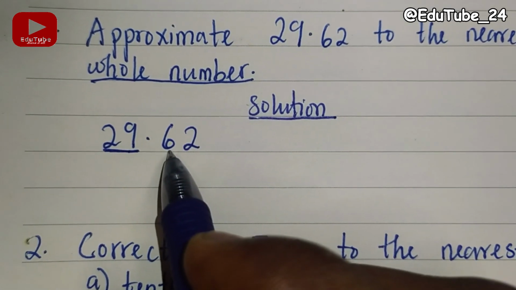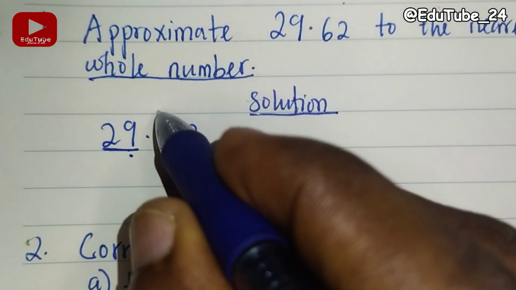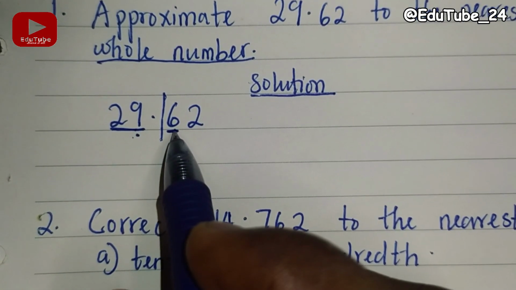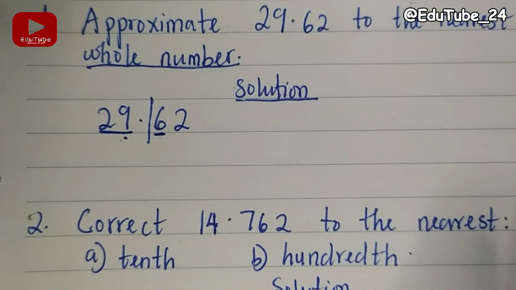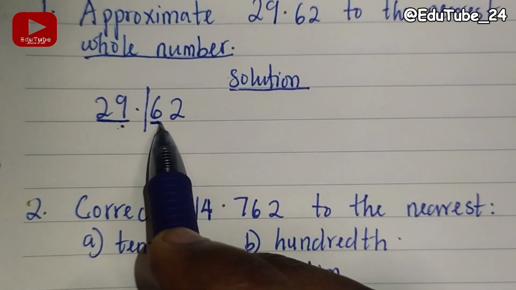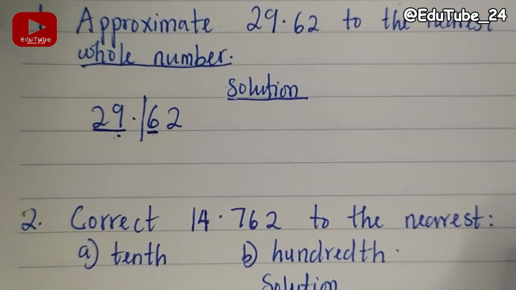That means the decimal digit closest to my whole number is going to be put into consideration. The nearest decimal digit to my whole number is 6, so I'm going to find whether it is between 5 and 9 or between 0 and 4. Certainly it is between 5 and 9, which is 6. So that means it's going to be rounded up by giving out 1 to the whole number.